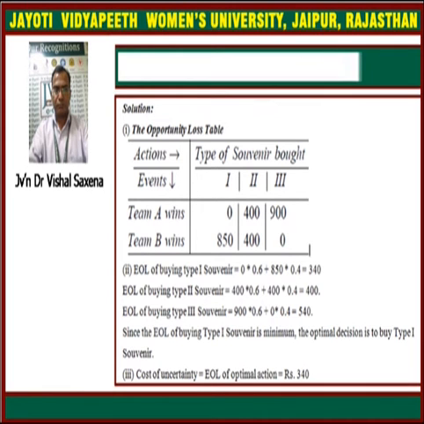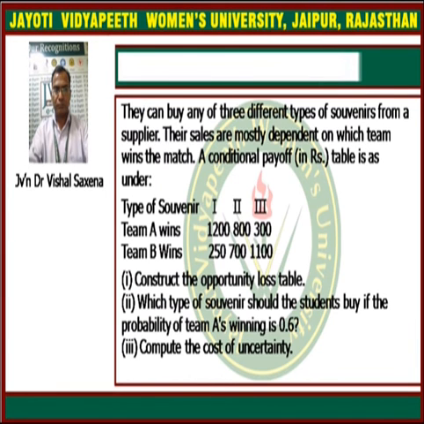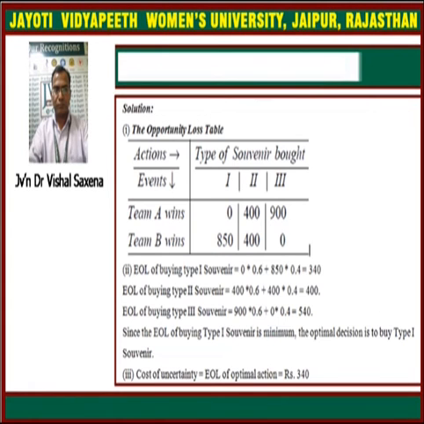For team A wins, 1200 is the maximum payoff, and we subtract the payoffs from this highest payoff. So 1200 minus 1200 is 0, 1200 minus 800 is 400, and 1200 minus 300 is 900.